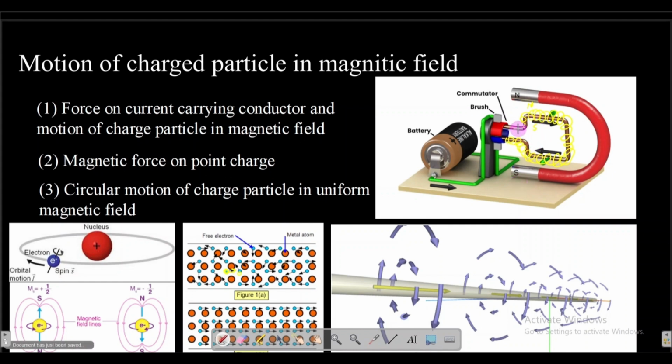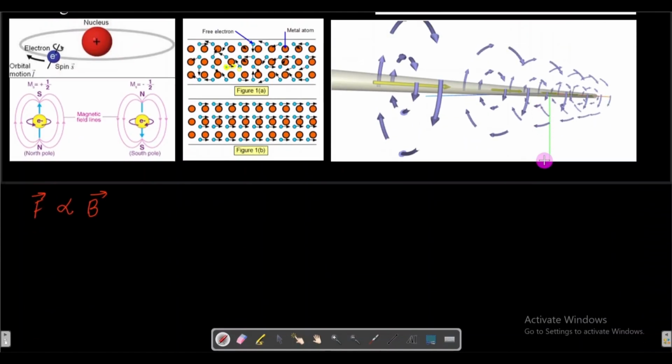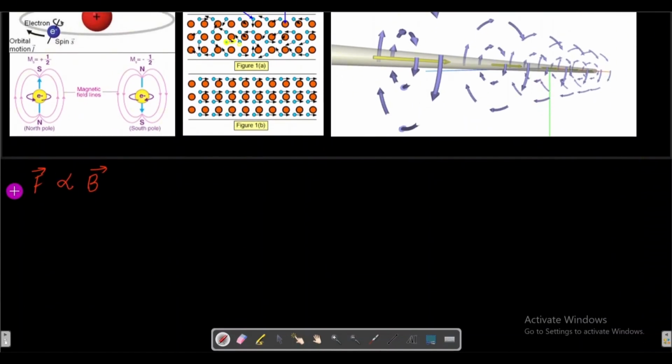The force on this conductor depends upon the current in this conductor. So this force also depends upon the current.